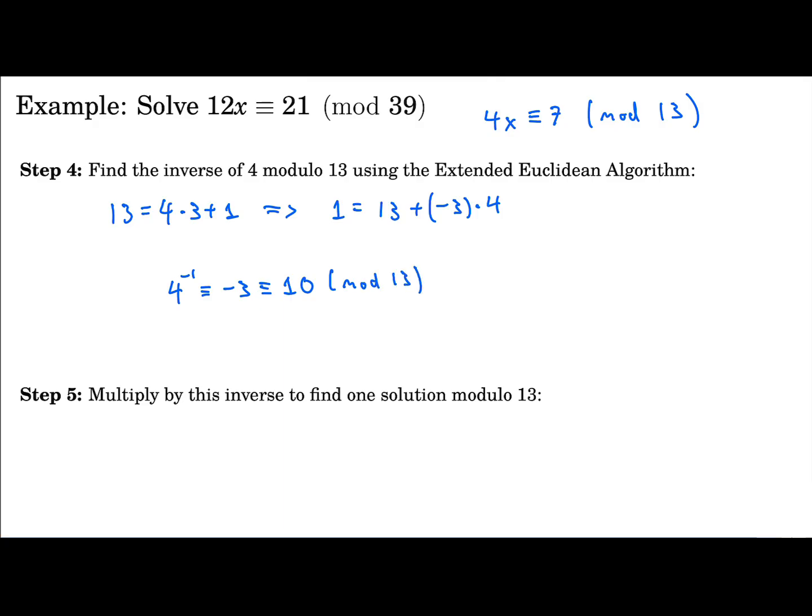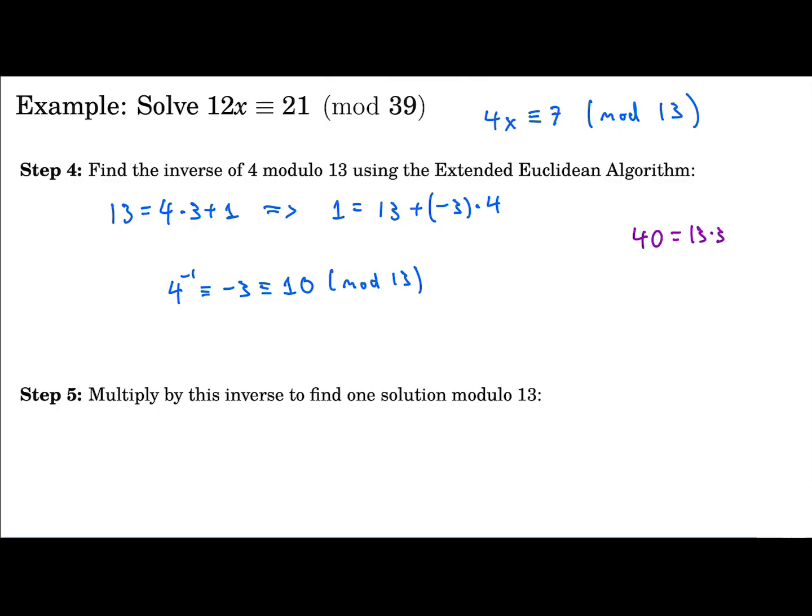And so with that, we can just multiply by 10. You can also check if you multiply 4 by 10, you'll get 40. And 40, so let's write it here. So 40 divided by 13 is going to be equal to 13 times 3, right?